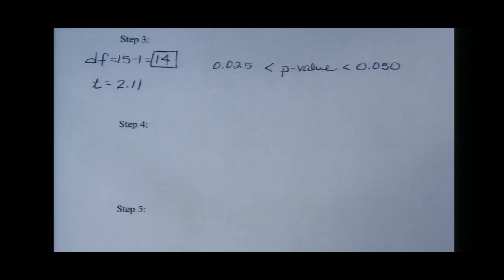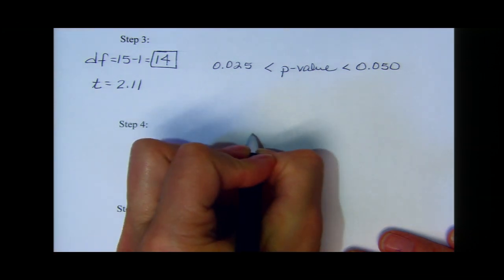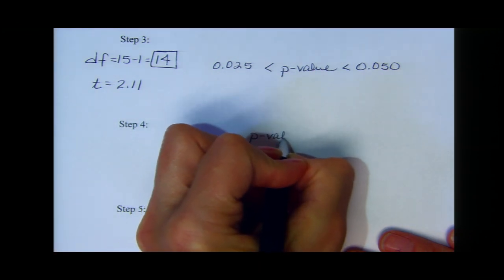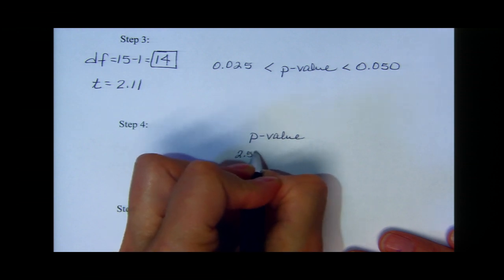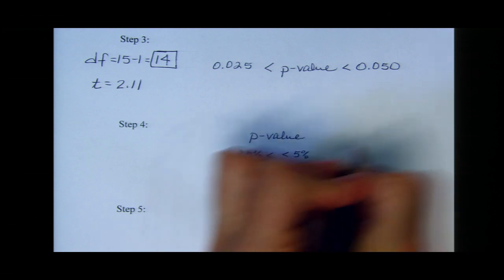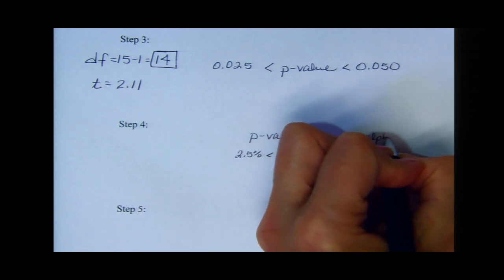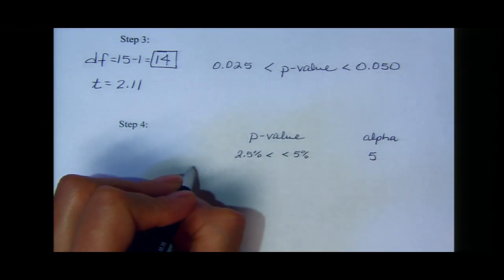Okay, so in step 4, my decision, I'm going to compare my p-value, which is basically between 2.5% and 5%, and my alpha, which is 5%. This is one we have to be a little careful on.